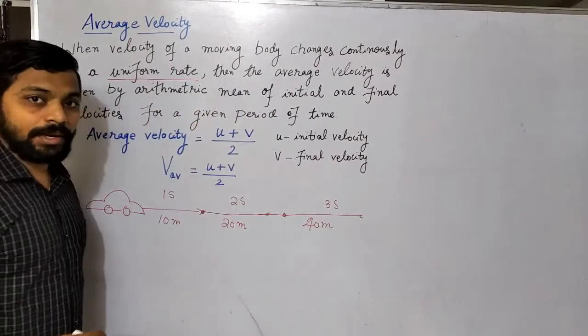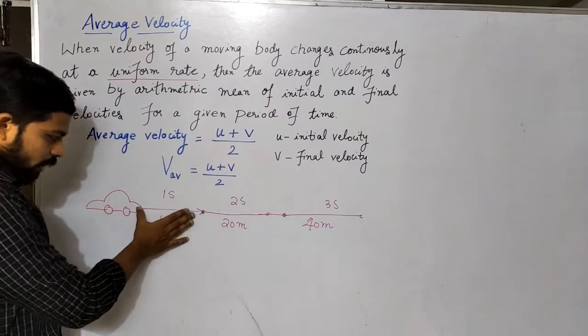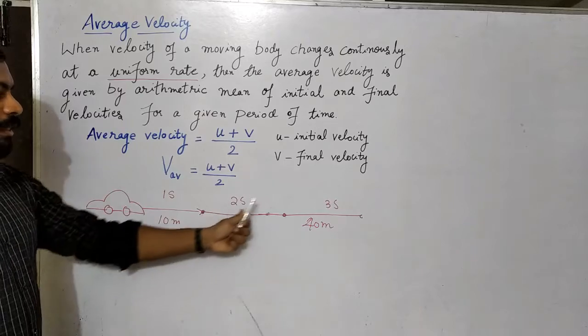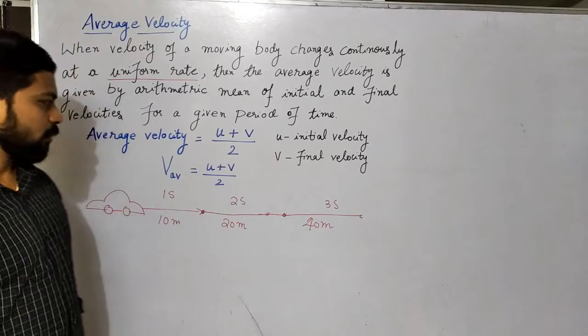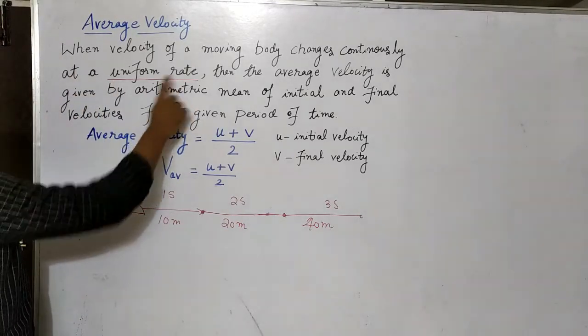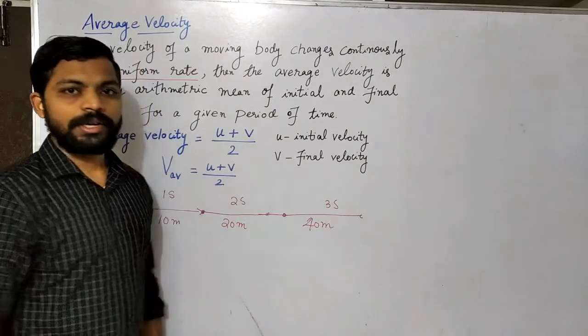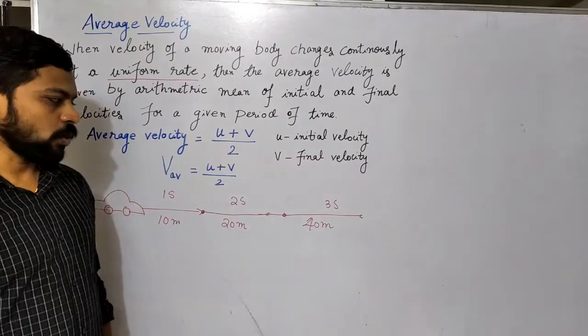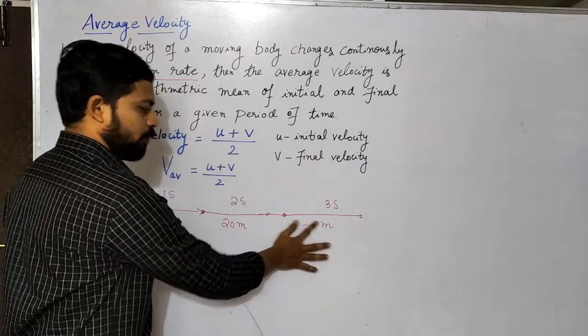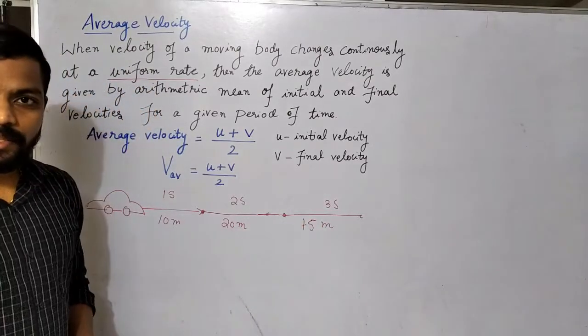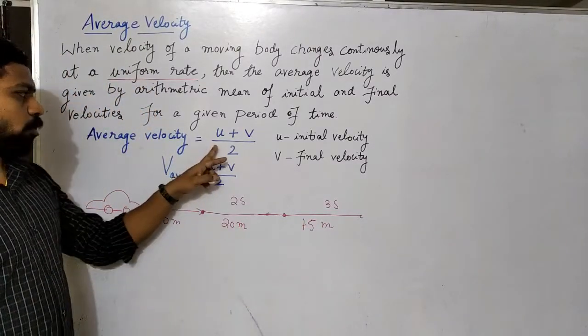Now you can see what is happening. The way it is increasing is uniform. 10 double is 20, 20 double is 40. It is increasing uniformly. If it is not 40, if it is some 15, then in this case we will not use this formula.